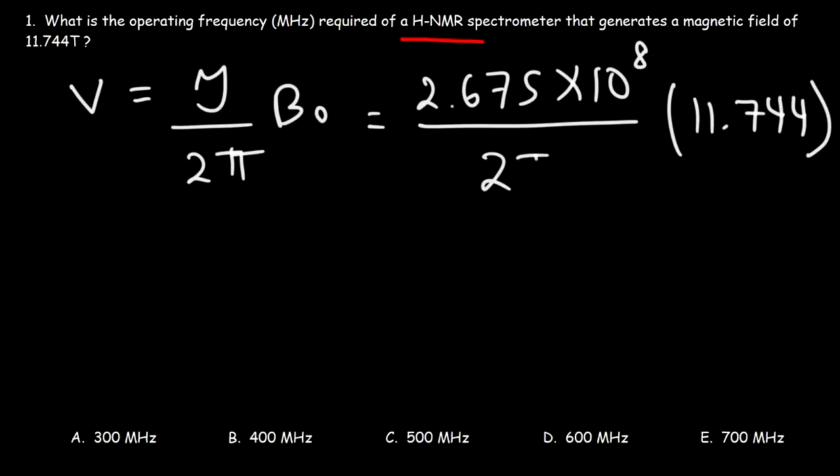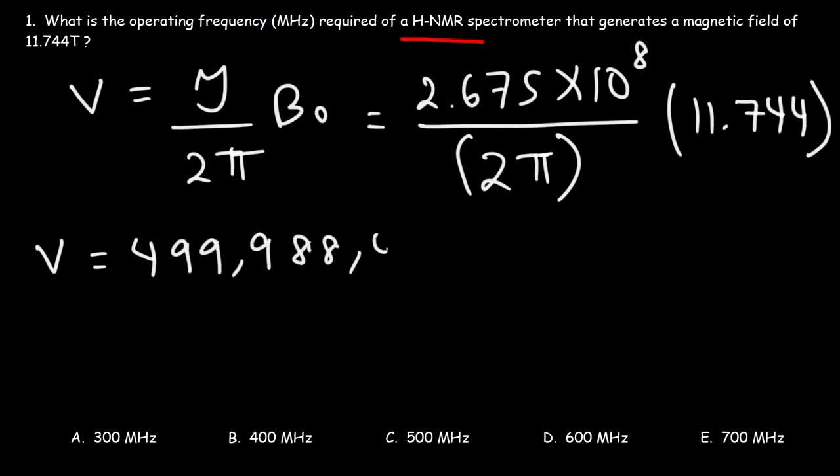And we need to divide it by 2 pi. When typing this in your calculator, make sure to put that in parentheses. So if you type in 2.675 times 10 to the 8, and then multiply that by 11.744, and then divide that by 2 pi in parentheses, you should get this answer. At least that's what my calculator gave me.